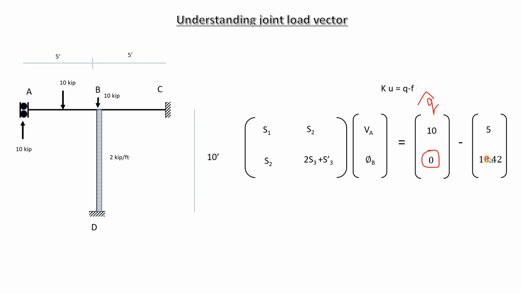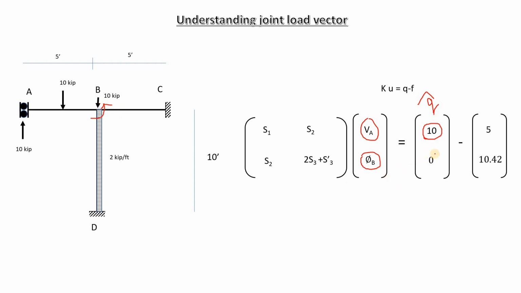If you look carefully here, you can see the unknown at A is the vertical direction displacement, and there is a vertical joint point load at A. So that joint point load appears here. That is why it is here. The unknown at B is theta B, meaning rotation at B, but there are no joint moments there.